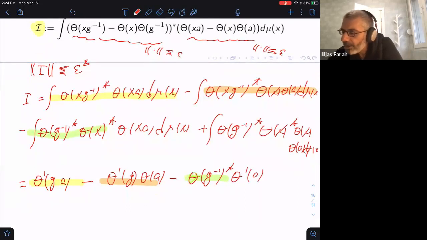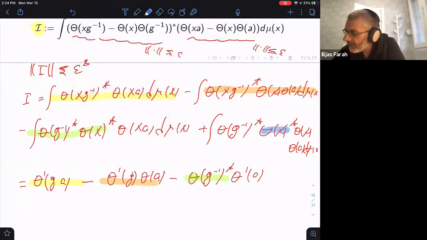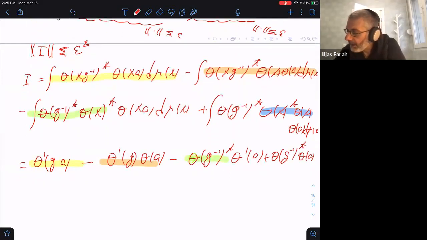Now the last one is slightly different, because here we have theta(x)star theta(x), which is equal to 1. So x is unitary, and we just have the integral of a constant. There is nothing really going on there, so we just copy the constant: theta(g inverse)star theta of a.